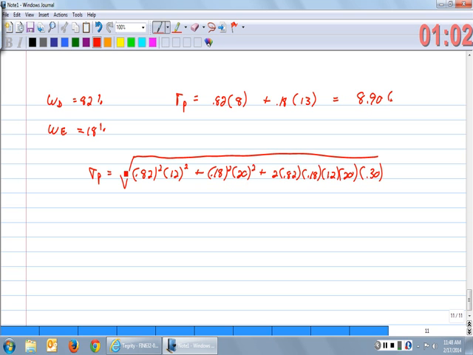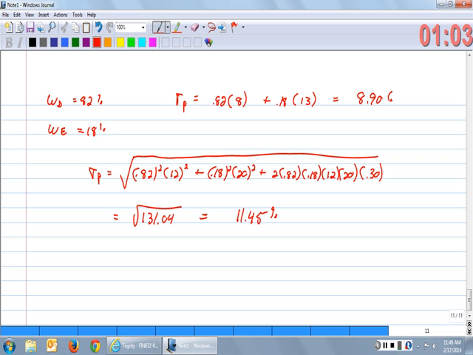When I did this earlier, I got the square root of 131.04, which is 11.45%. So 11.45% is the standard deviation of the minimum variance portfolio.